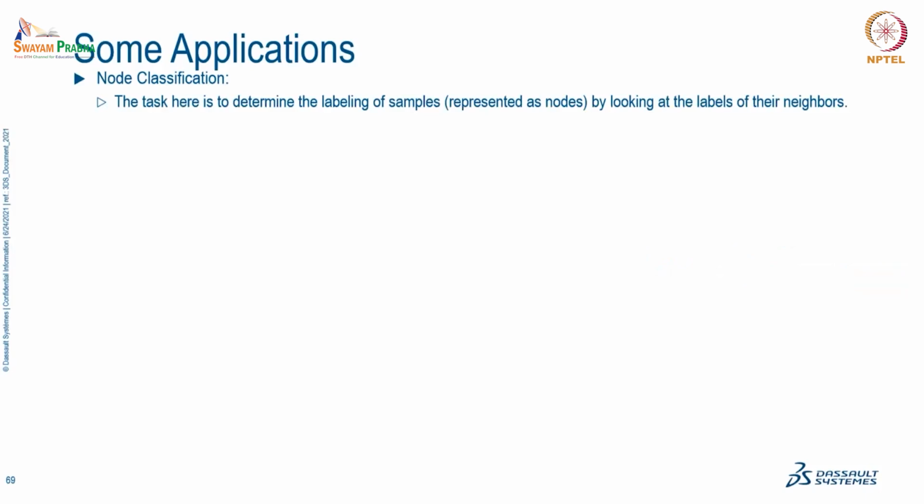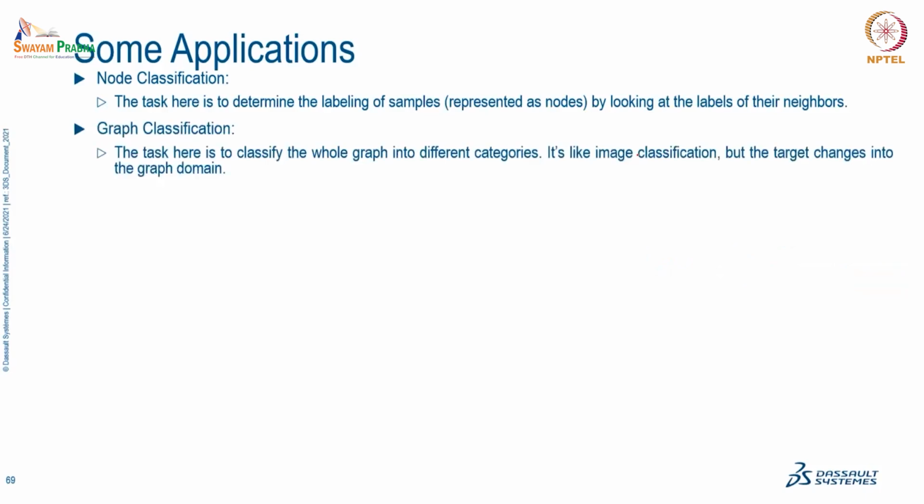Graph classification is similar to image classification, like whether it's a cat or a dog. Similar things we can do on graphs, for example, whether a molecule is a medicinal molecule or a harmful molecule, something like that.